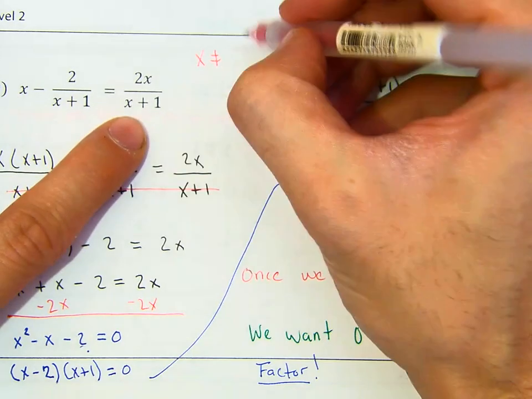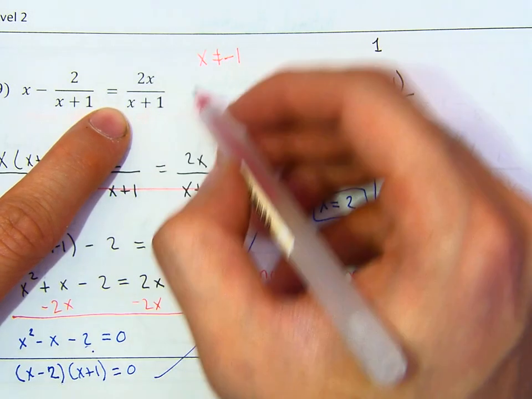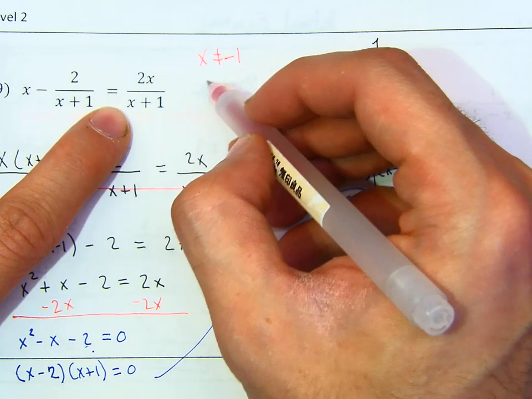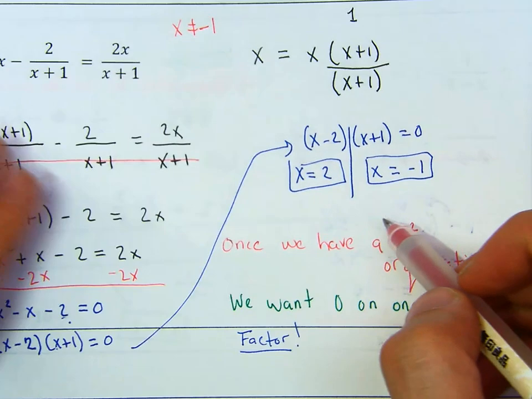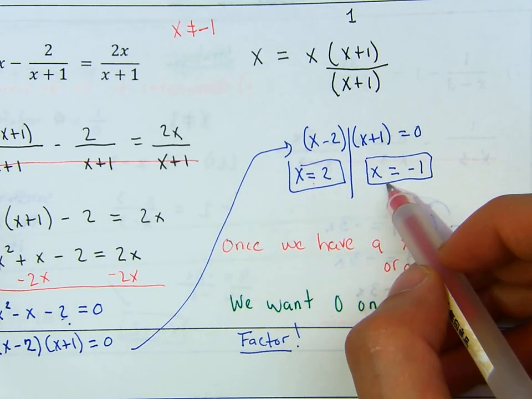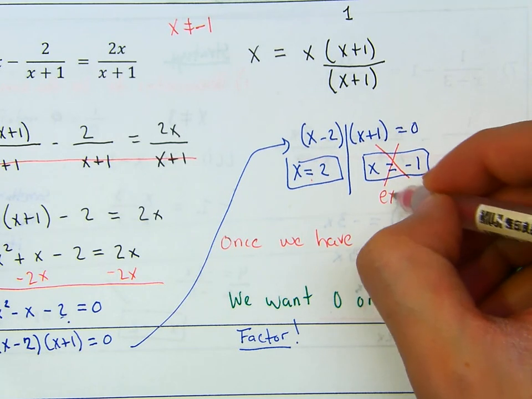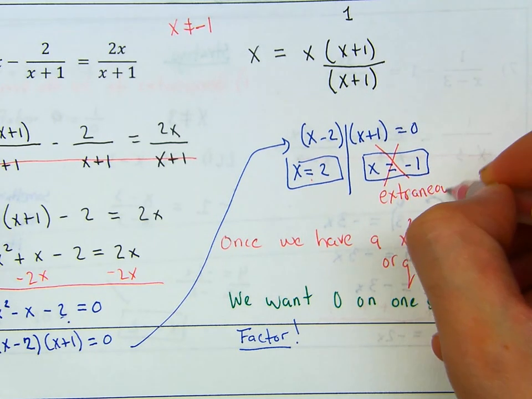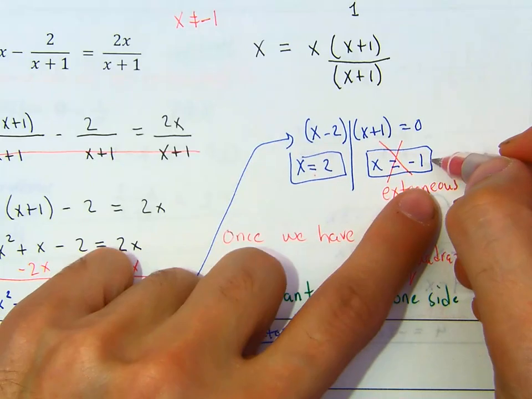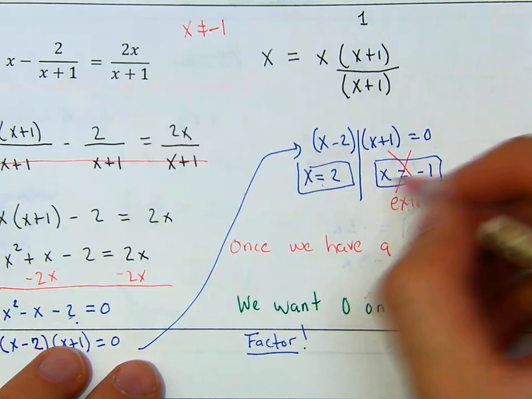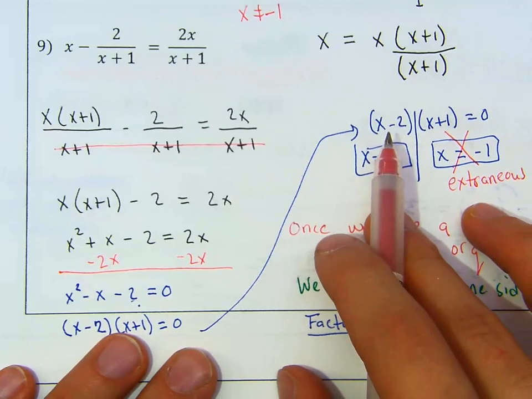X cannot equal -1. Because if you plug in -1, you get something over 0, and that's undefined. So notice that for the two solutions, we got x equals 2 and x equals -1. We say that this is an extraneous solution because you're not allowed to have -1 as one of your answers. So then you have to use this one, that x equals 2 is a solution for this quadratic.